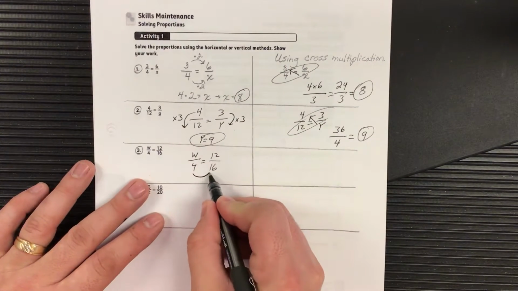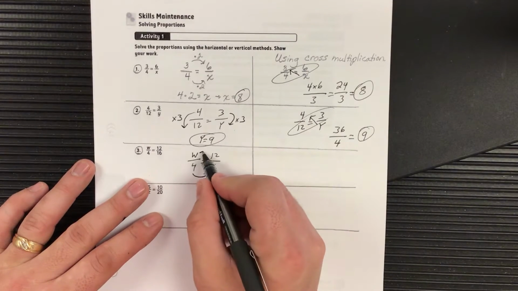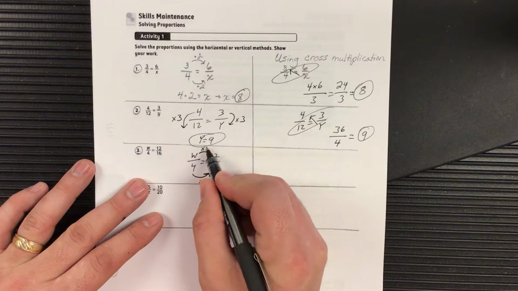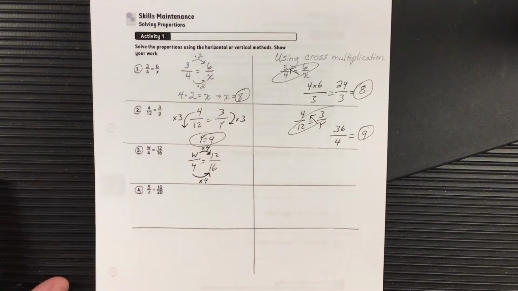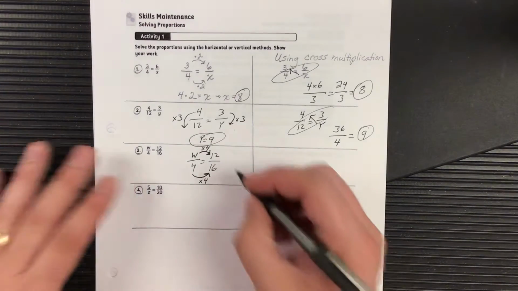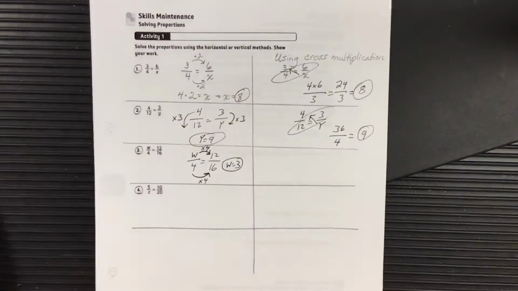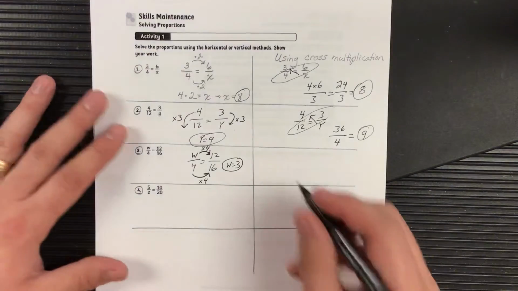So we have to go this way. 4 times 4 is 16. What times 4 is 12? 3. 3 is correct. 3 times 4 is 12.